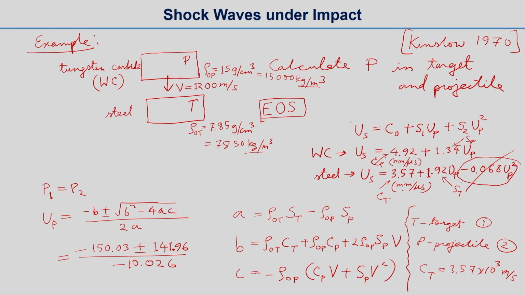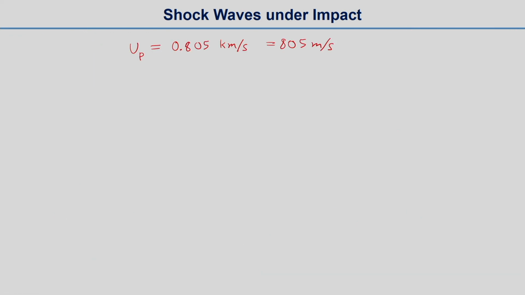If it is millimeter per microsecond and you convert everything into meter per second or kg, I think we can directly write it here even. So UP, the one root is 805 meter per second, and the another one is 29020 meter per second.